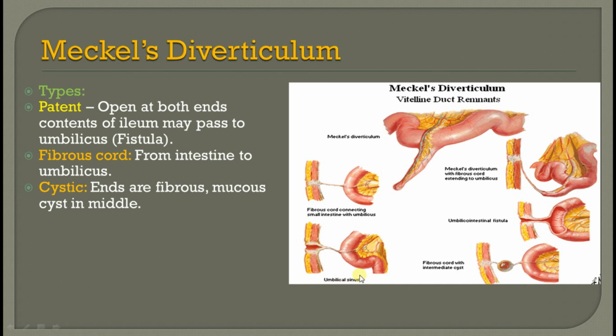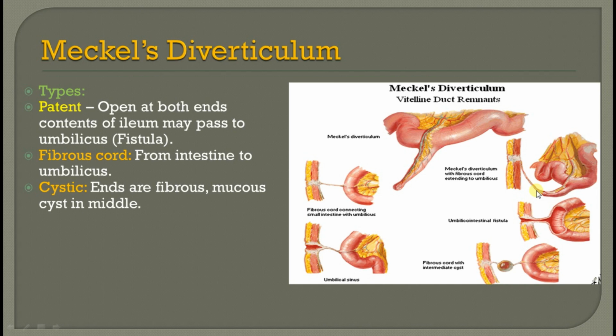It is called an umbilical sinus. When both ends are open, it is communicating, it is a fistula. On one end, it is a sinus. It might be a fibrous cord, or completely patent, or cystic, or sometimes the diverticulum itself might be there, followed by a fibrous cord. So these are the various types.